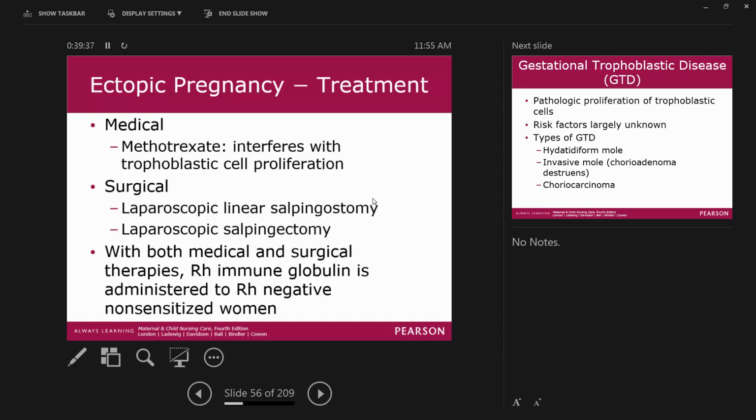Right. If you give it to Rh negative women and you don't know what the fetus is, it's not a problem if that fetus ended up being Rh negative as well. And it'll still protect her against the next one. But she's still going to end up being treated again with the next one.